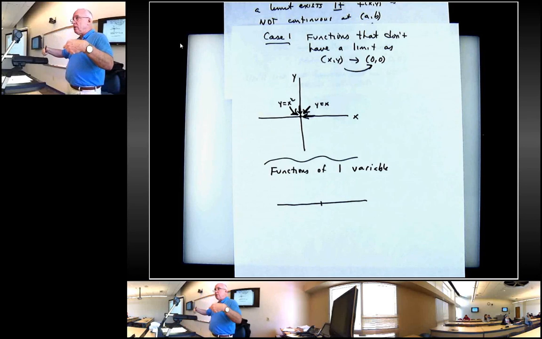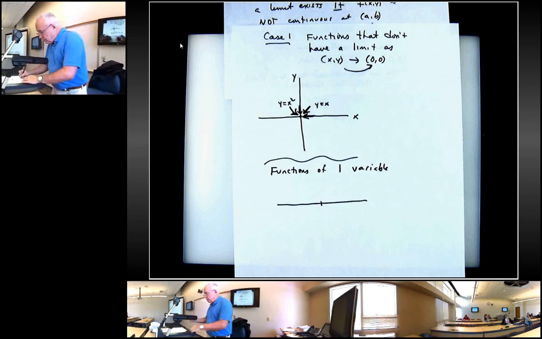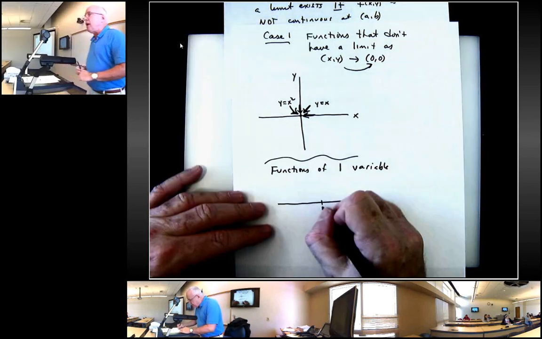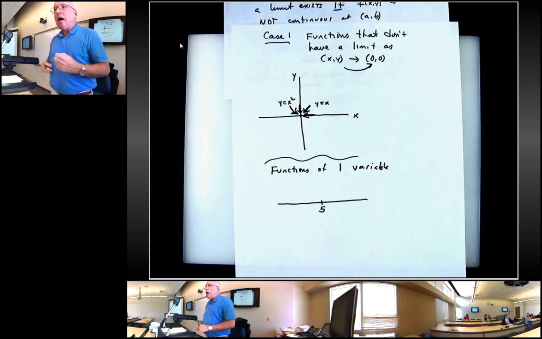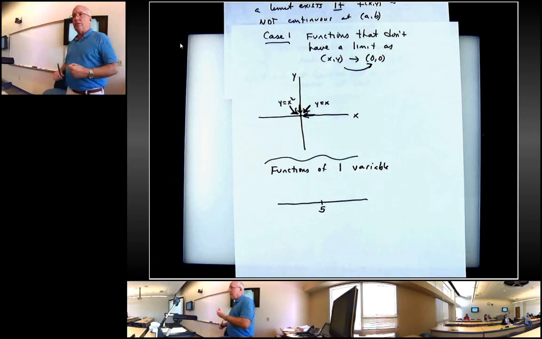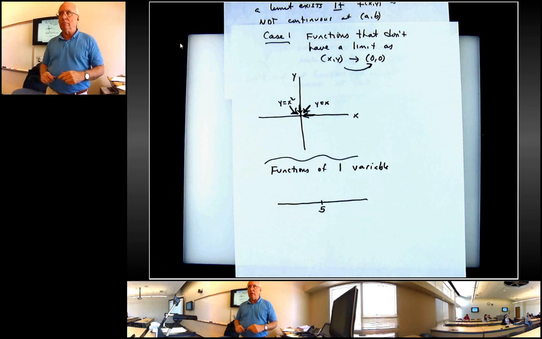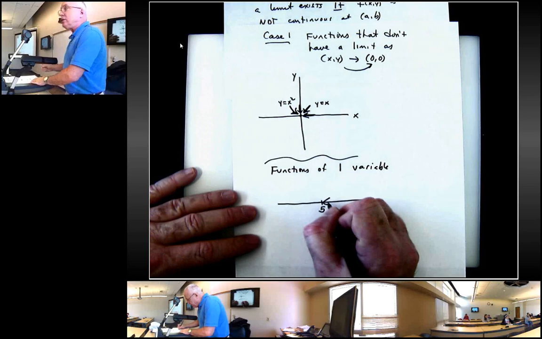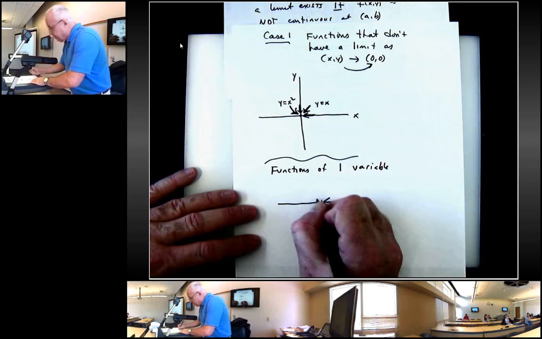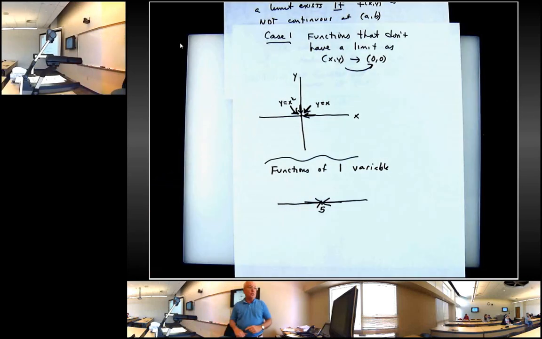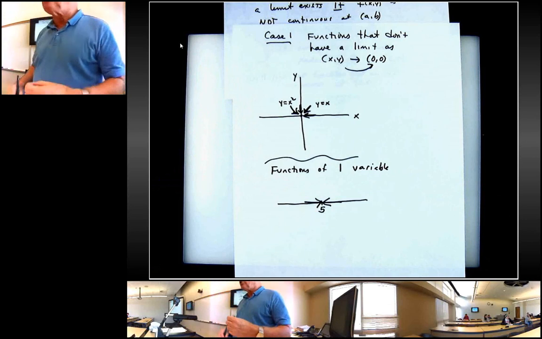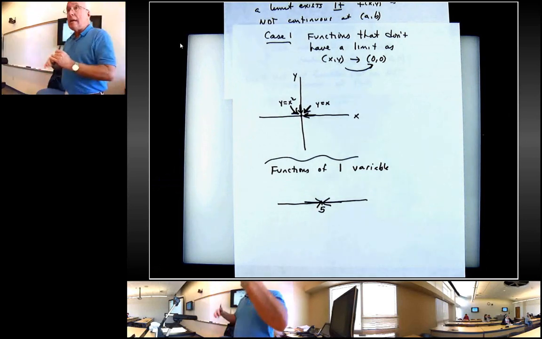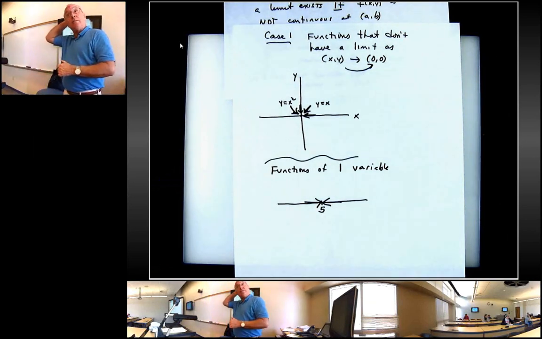If we have some number like 5 on the number line, how many different ways can I approach that number? Two ways, right? I can approach it from the right, or from the left. You may remember the right-sided limit and left-sided limit from Calc 1.